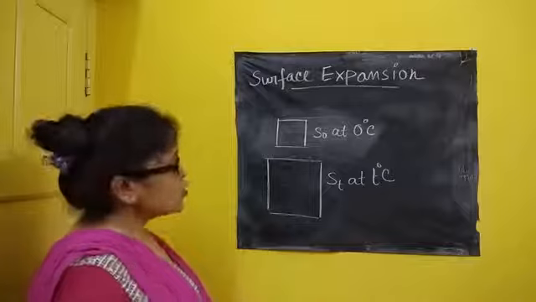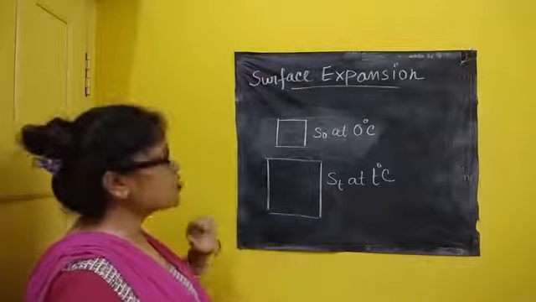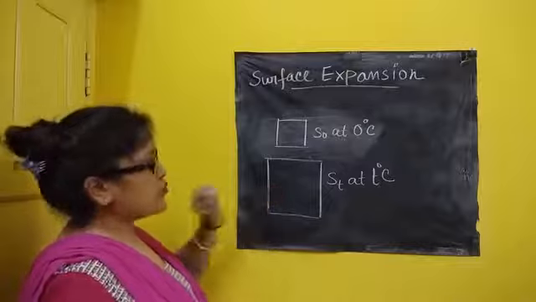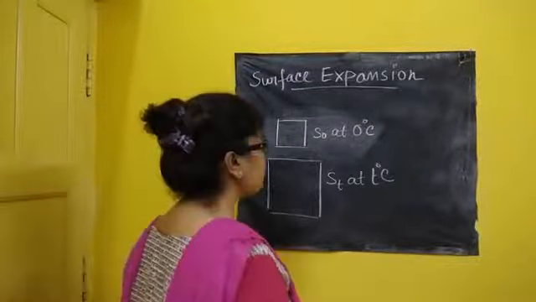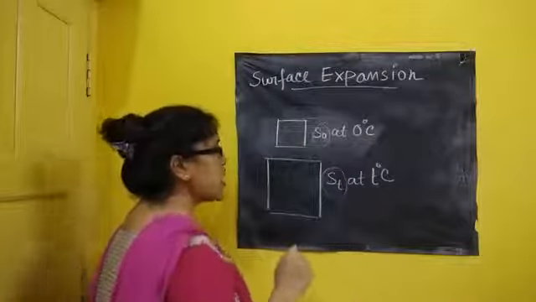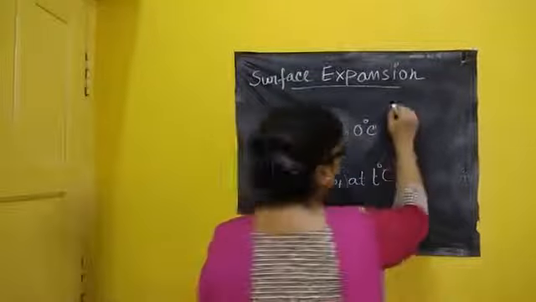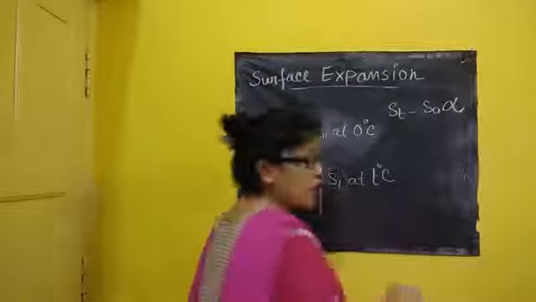So just like length, surface area also depends on a few factors. What is the change in surface area? This is the final surface area, this is the initial surface area.